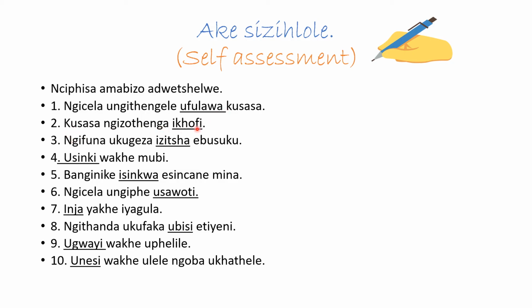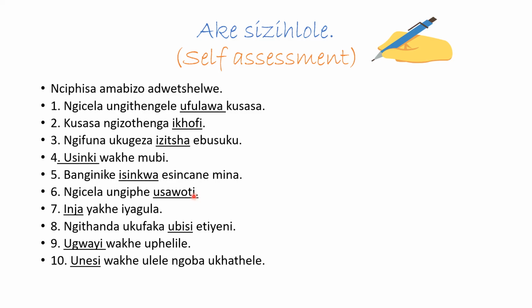Kusasa ngizothenga ikofi. This is my last vowel here, ikofi. What are we going to suffix here? Ngifuna ukugeza izitsha ebusuku. What's the last vowel? It's an A. What are we going to suffix? Usinki wakhe mubi. Usinki. What's the last vowel? I. Bangininike isinkwa esincane. The last vowel is an A here. Ngicela ungiphe usawoti.